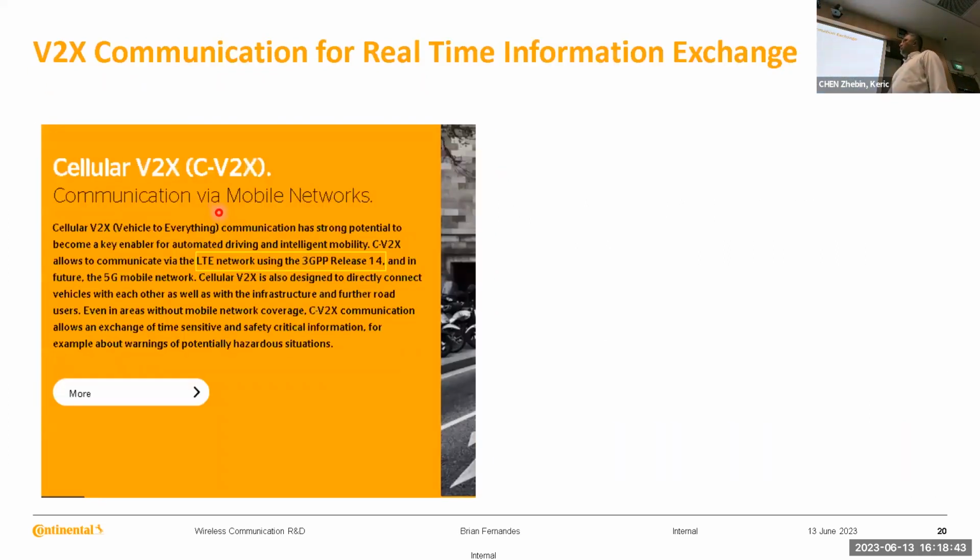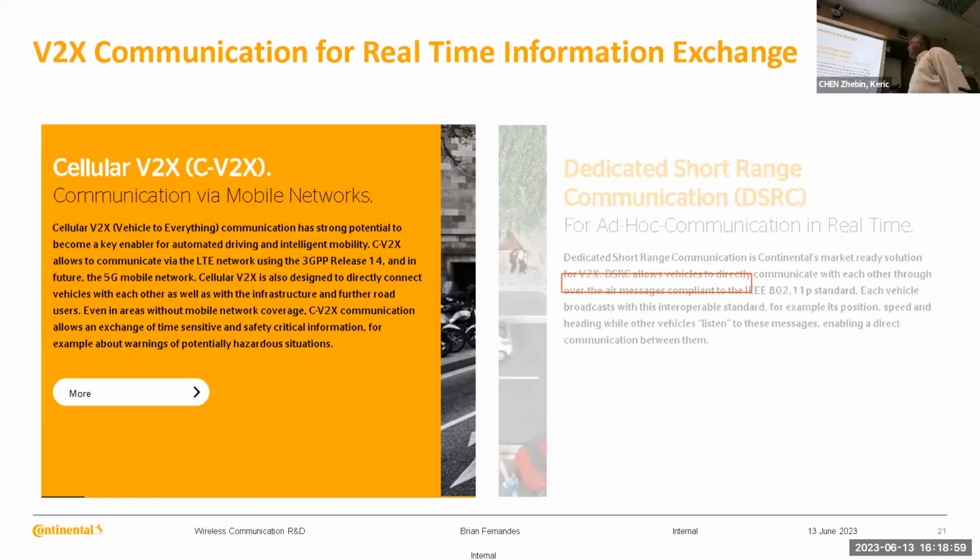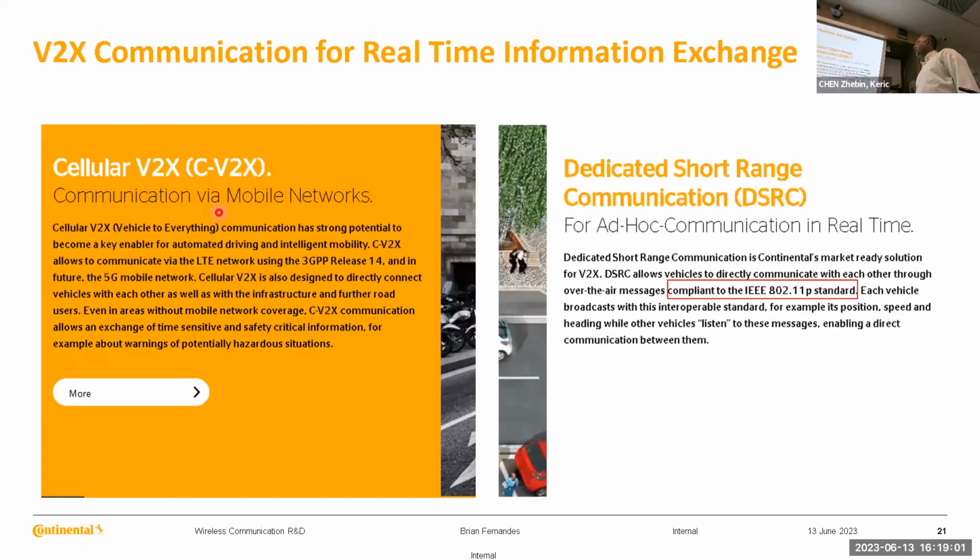Yeah, so then we use this to implement V2X, the vehicle-to-vehicle communication for a lot of different features. So we have V2X now defined since release 14 on the LTE network. And we also have vehicle-to-vehicle and vehicle-to-X communication using the 802.11p standard as well.